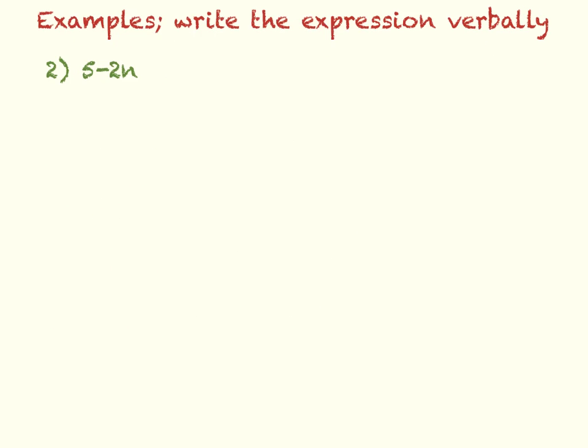In this next one, we have 5 minus 2n, which we could simply write as 5 minus 2 times n. That is one acceptable way to write it.